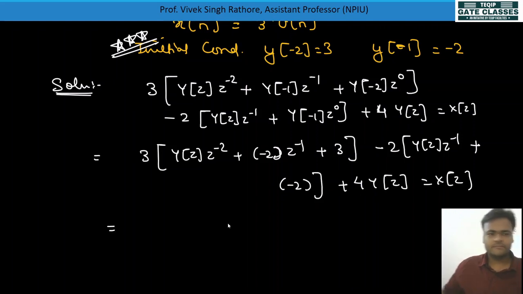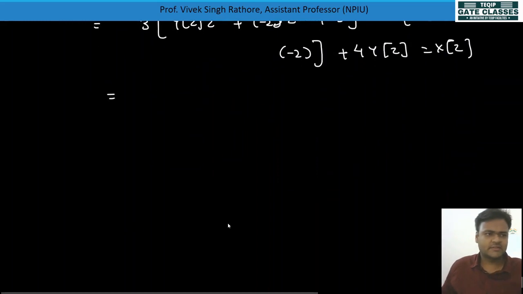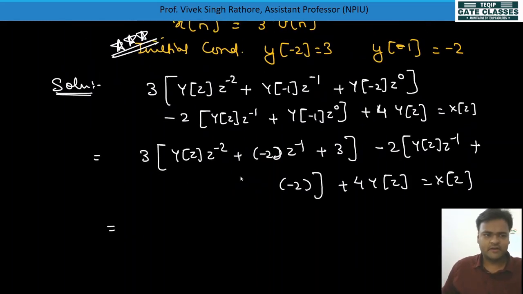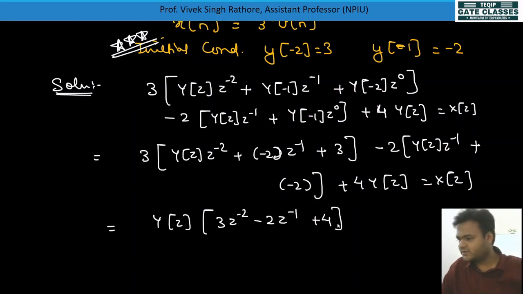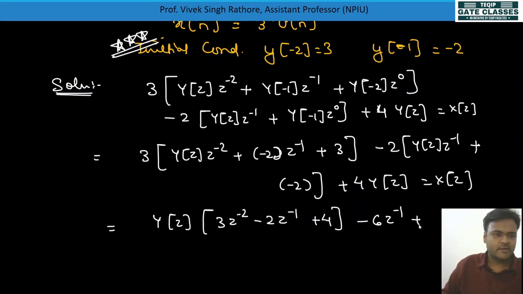So see, you can easily classify this. Y(z) we can take common, so we get 3 z to the power minus 2, and here minus 2 z to the power minus 1 also, plus 4 also. This is Y(z), and the initial conditions give minus 6 z inverse, plus 3 is a 9, minus 2 and minus 2, plus 4.